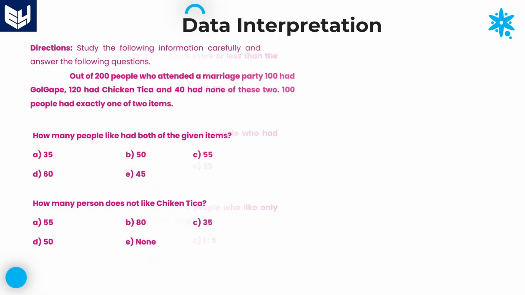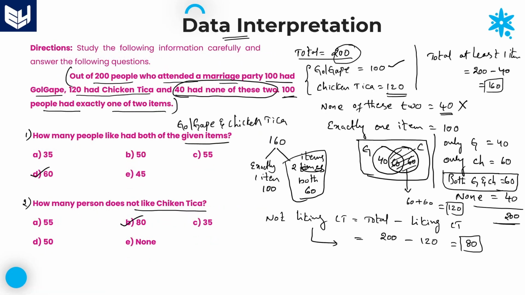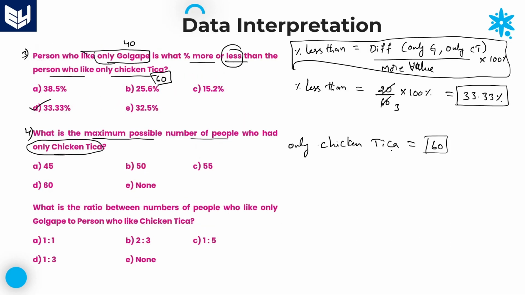Why? Because if you look at the Venn diagram, already 60 members are opting to take both the items. So the maximum possible of taking only chicken tikka is 60. That is the only possible case. Here he is asking not chicken tikka, but only chicken tikka. Both are different.